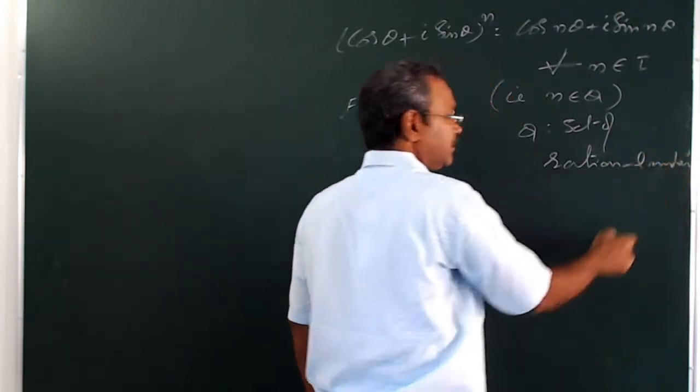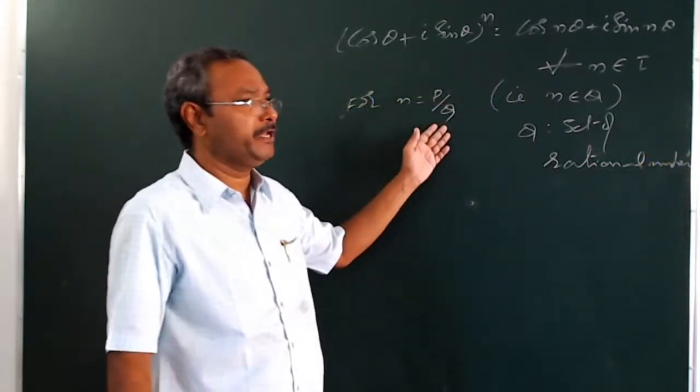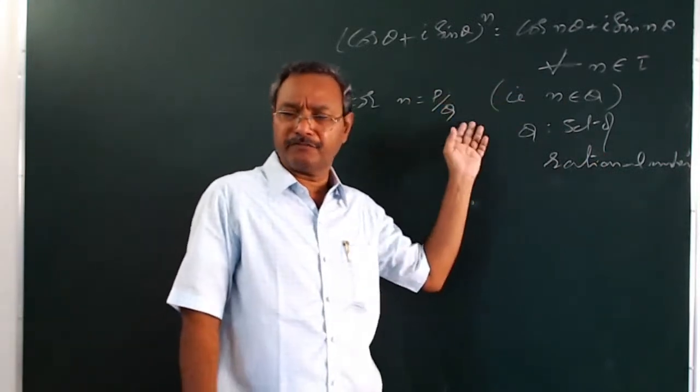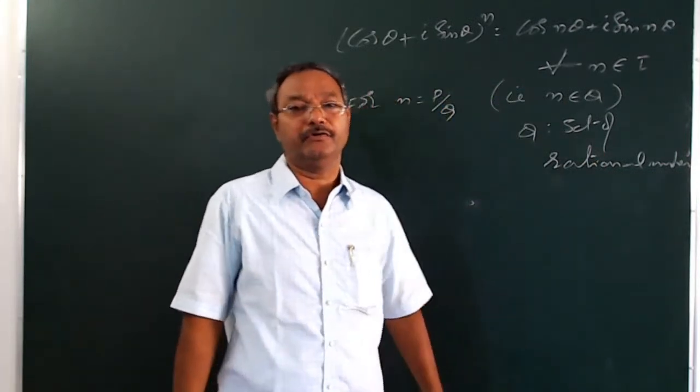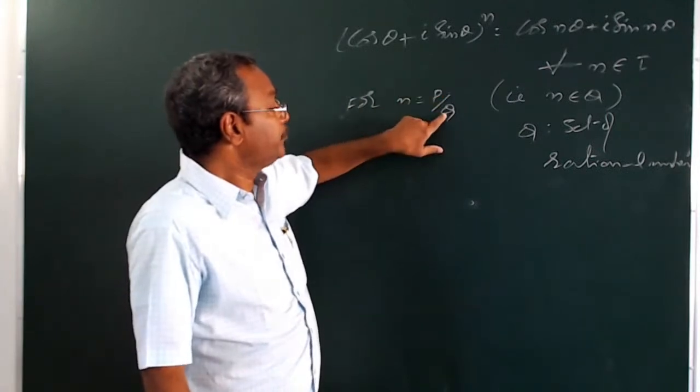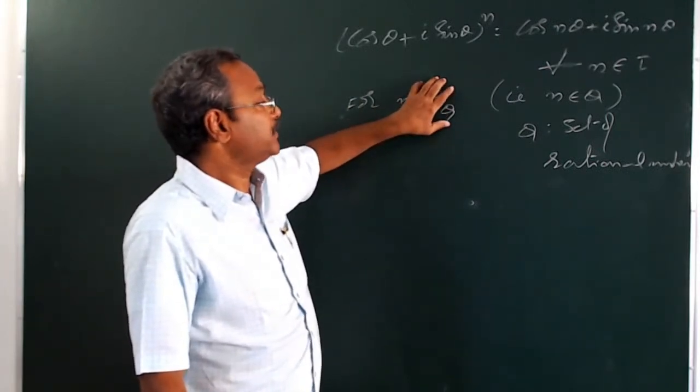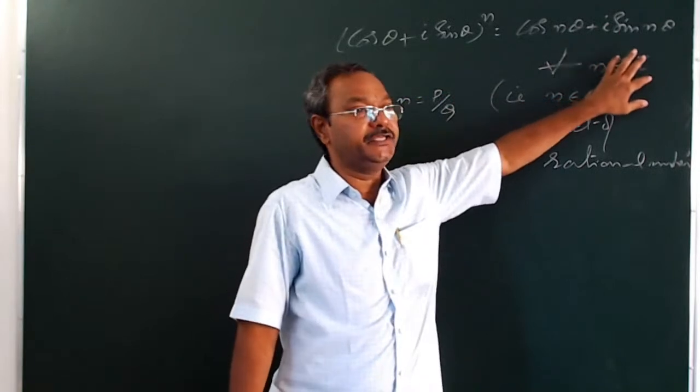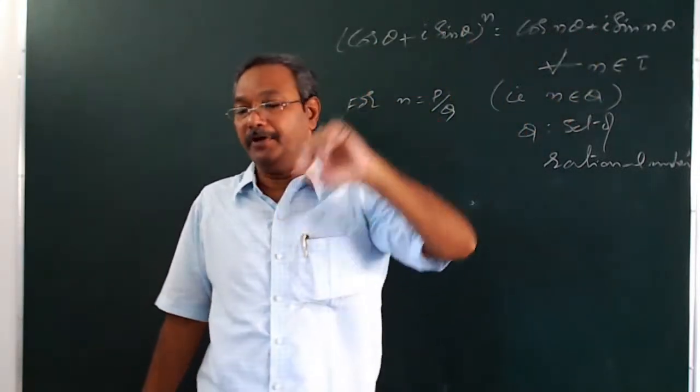You know what rational numbers are? Numbers of the form p by q, where p, q are integers, and of course q is not equal to 0. Particularly, if q is equal to 1, this rational number automatically becomes an integer, and you can apply this theorem straight away.